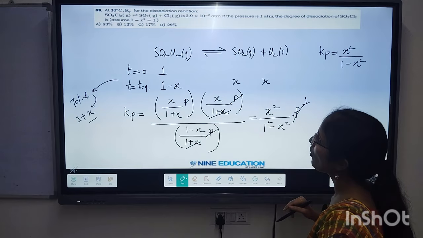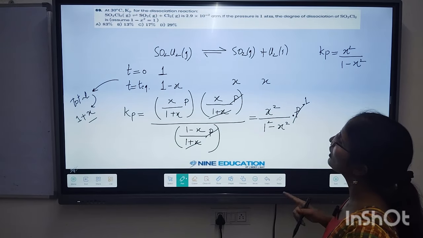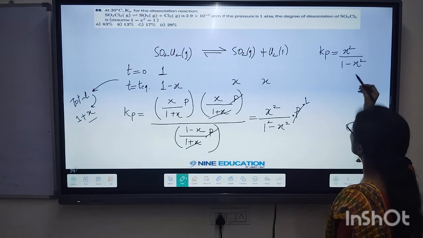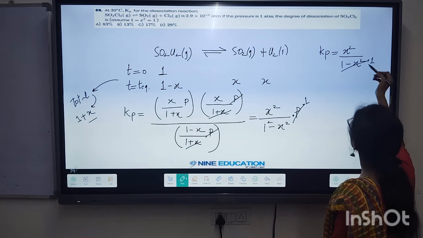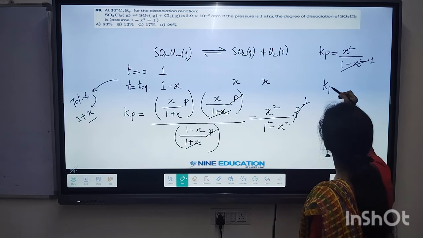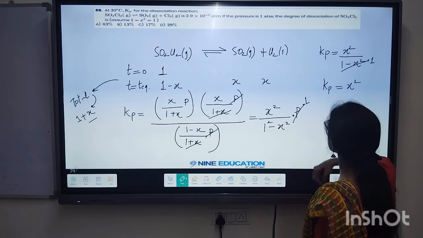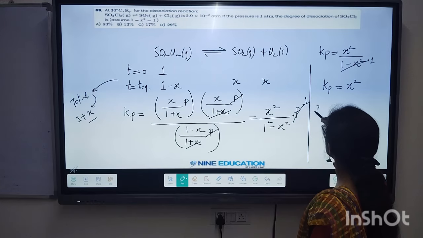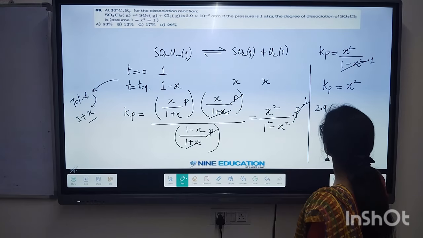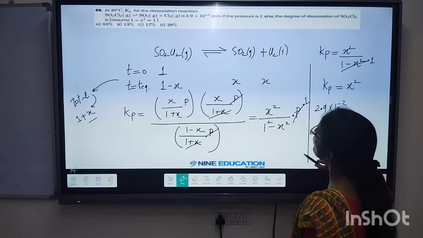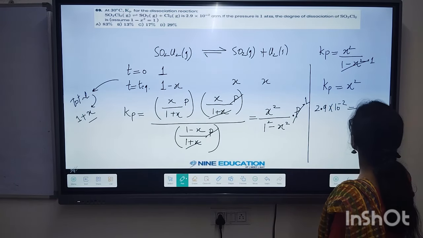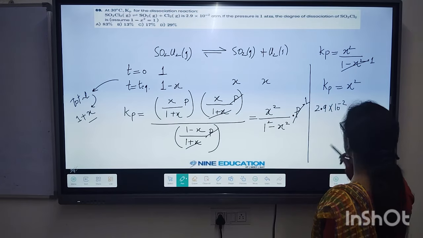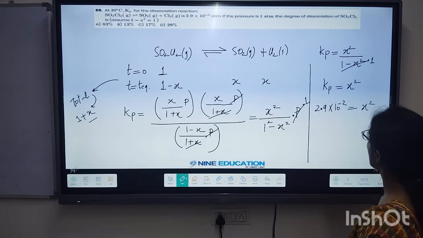Now they are already telling you to assume 1 - x² is equal to 1. Then Kp will simply be x². The Kp value is given as 2.9 × 10^-2, which is equal to x². This is the final thing we have to solve.